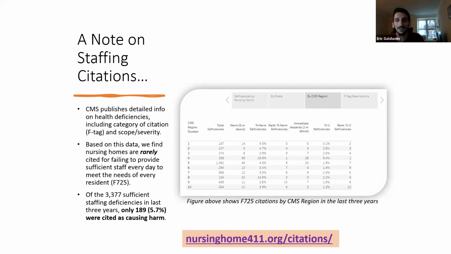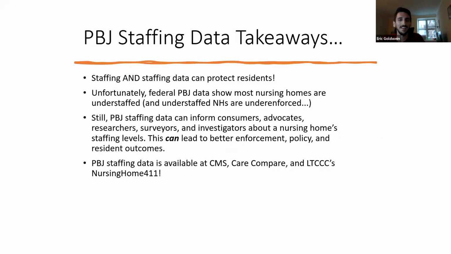Then the next slide, I'll quickly summarize our PBJ staffing data takeaways. So staffing and staffing data can protect residents. I hope I've proven that point. Unfortunately, the PBJ data show that most nursing homes are understaffed, and that understaffed nursing homes are under-enforced. Still, let's not lose all hope.